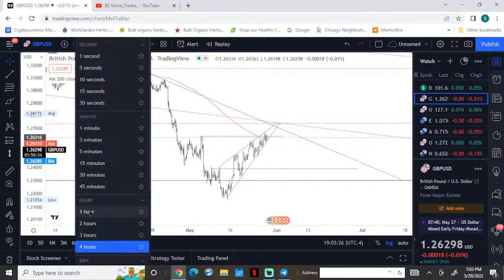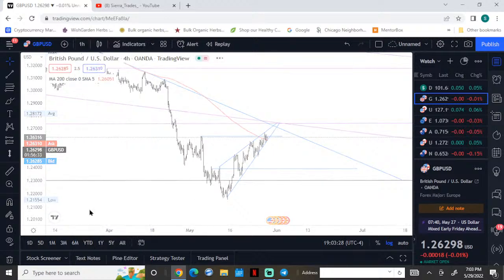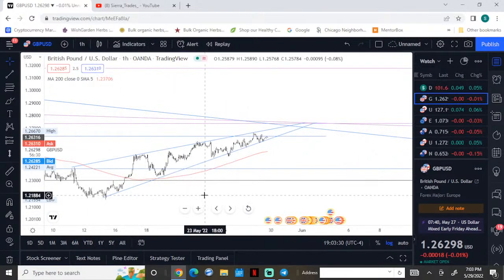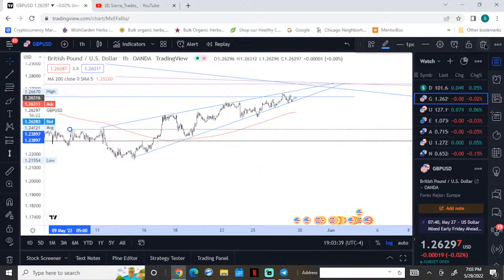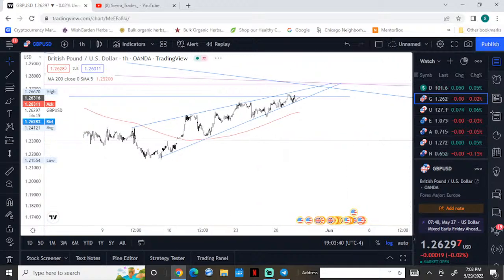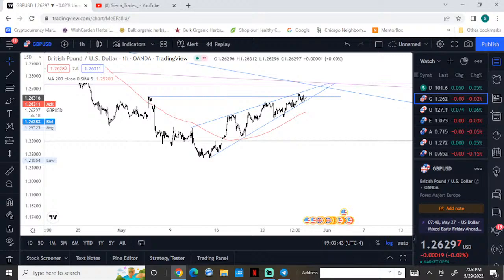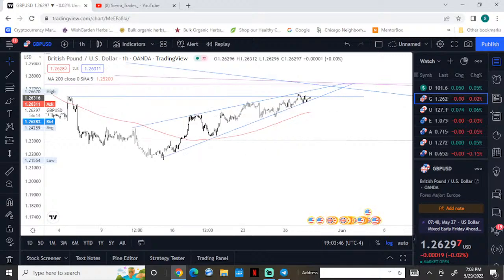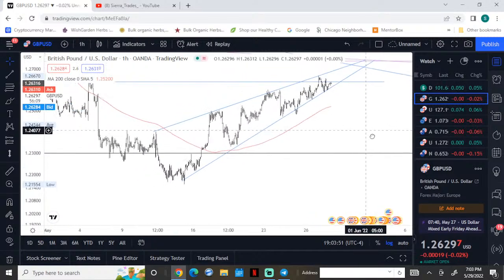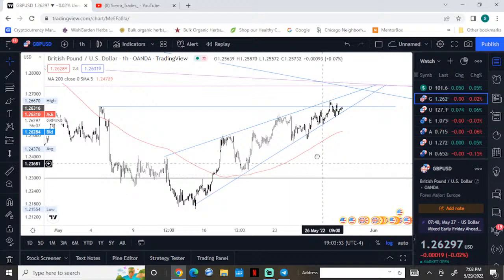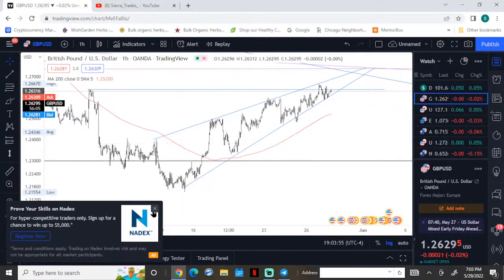Let me see what we have on the 1 hour. I'm going to delete this line because that was that breaking structure line that I drew. And I'm going to come in closer and get a current 1 hour zone.